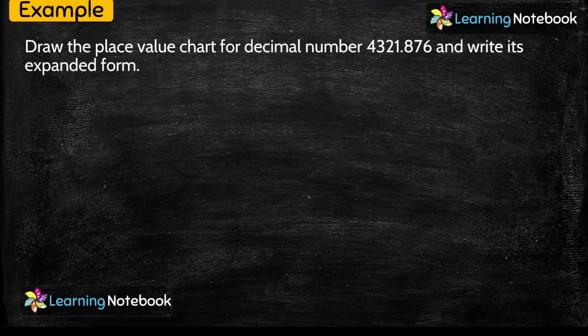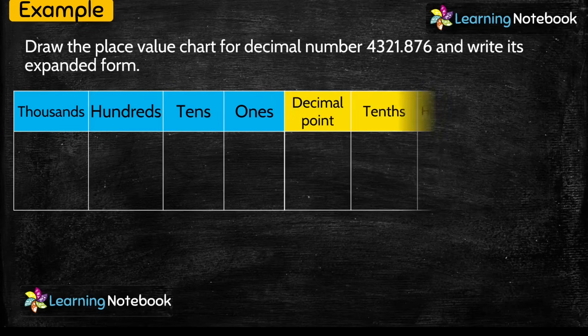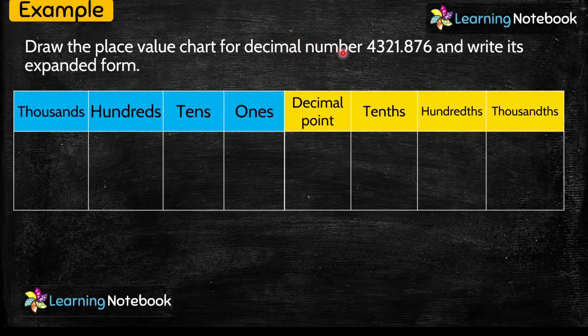Now let's do a question on place value chart. Question is, draw the place value chart for decimal number 4321.876 and write its expanded form. So let's draw the place value chart. First, we will represent whole number part of this decimal number. Whole number part is 4321.